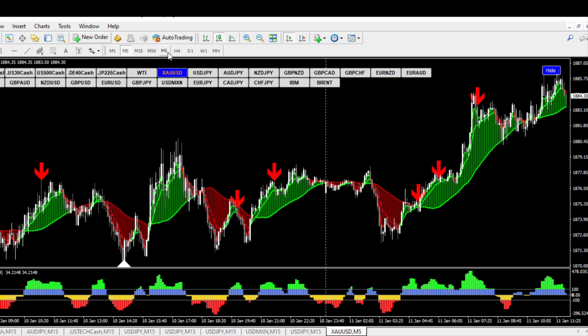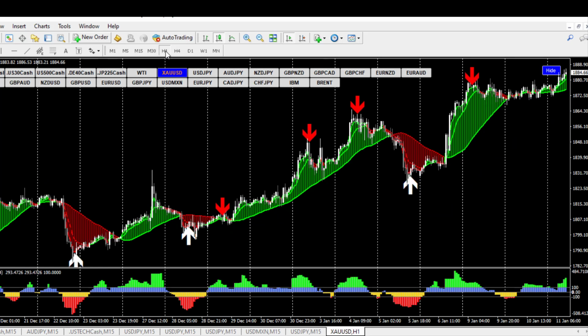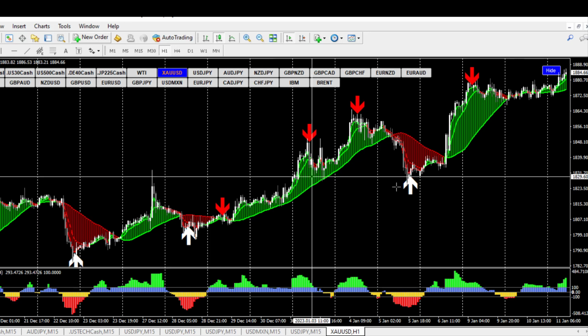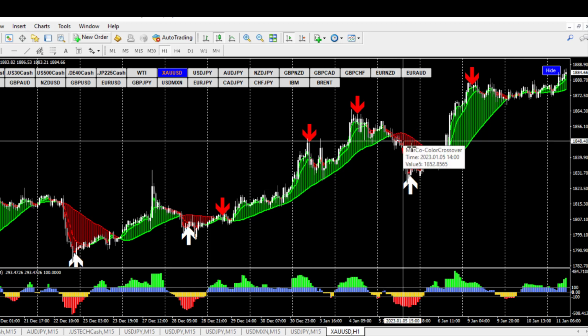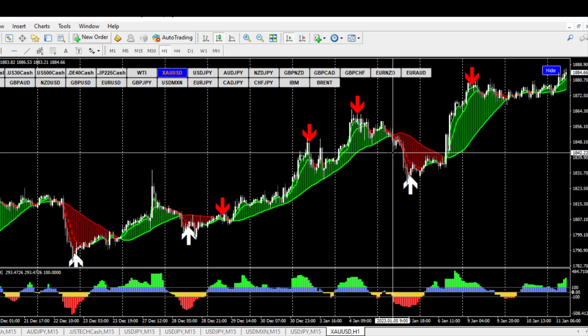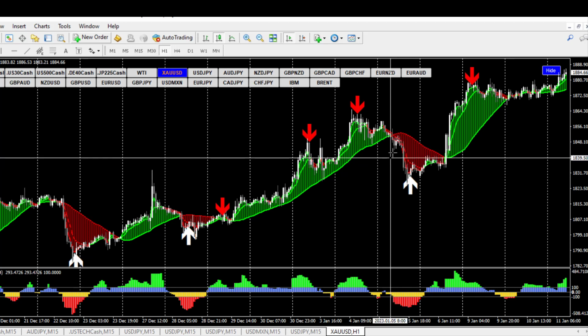If you check gold on 1 hour time frame, this is a good signal or setup either for buy or sell. As you can see here on the screen, the result is great. So we have the arrow present here, and at this point we have the macro cross indicator in agreement with the CCI indicator.